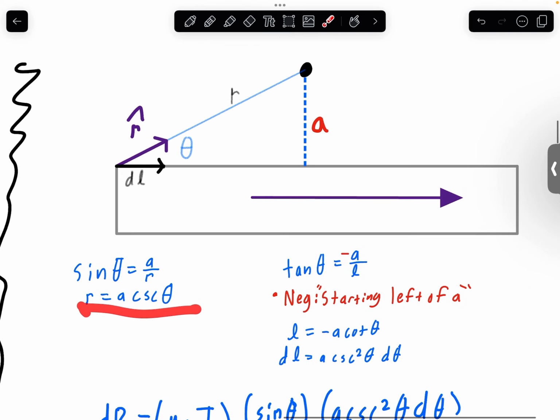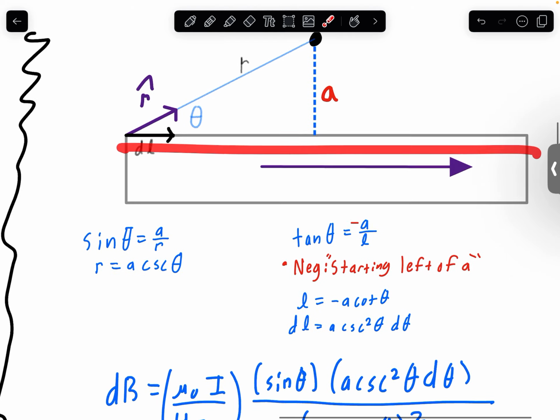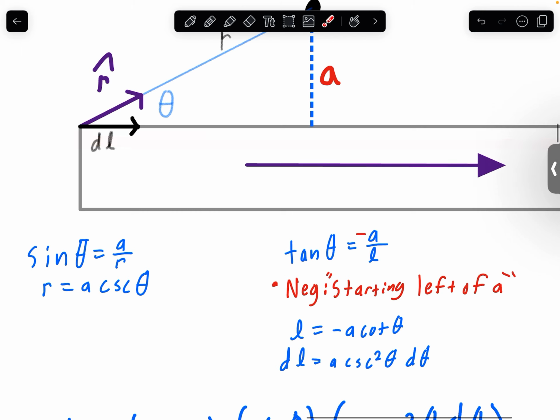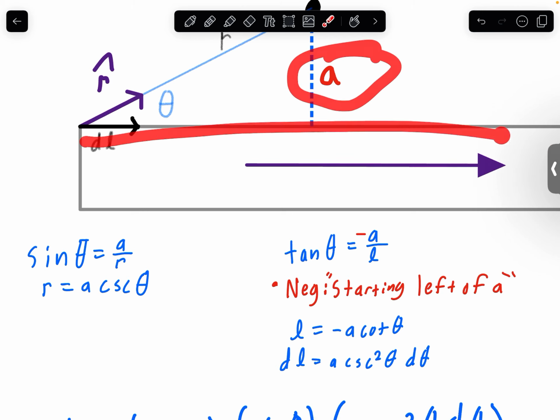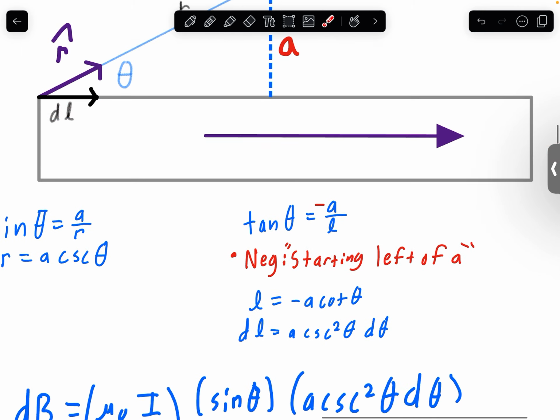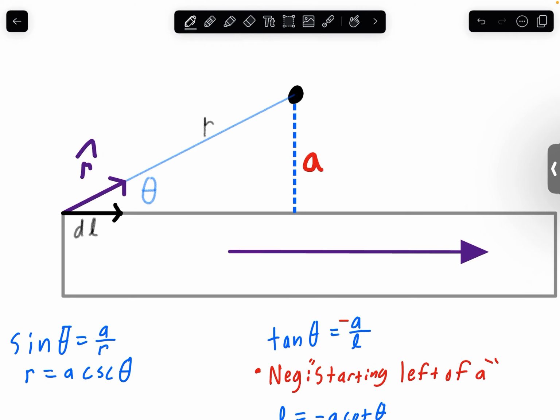Now I want to get our L, which I didn't label in here, but the L is the length of this whole wire. So our tangent of theta equals opposite over adjacent. And it's negative because we're reading from the left of a to a, like a triangle. I think we kind of did this in math class.